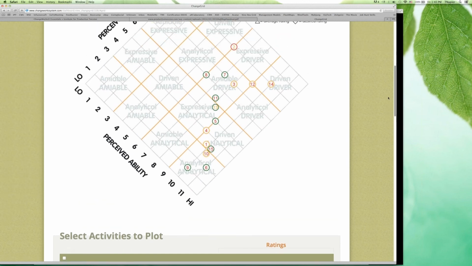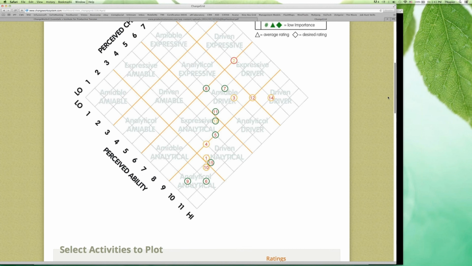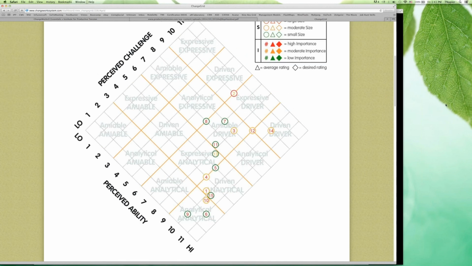All right, so activity number one is following a detailed client acquisition strategy. When it comes to following a detailed client acquisition strategy, where should this activity be on the change grid?